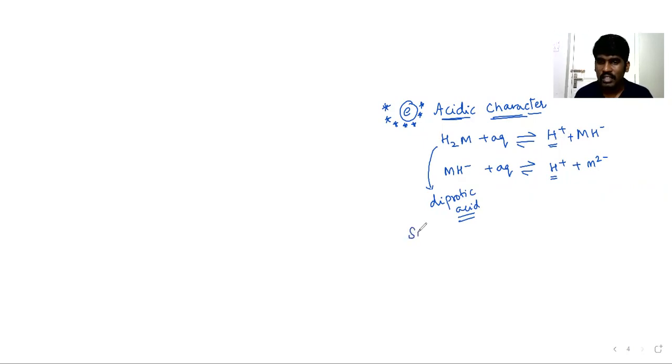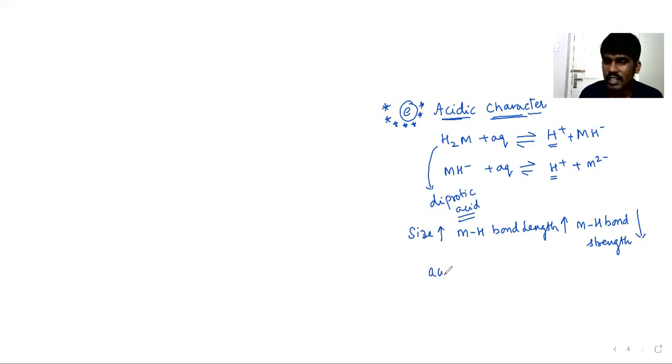But we know that as size increases, M-H bond length increases, so M-H bond strength decreases. If M-H bond strength decreases, then acidic nature increases, because it can give H+ ion easily.